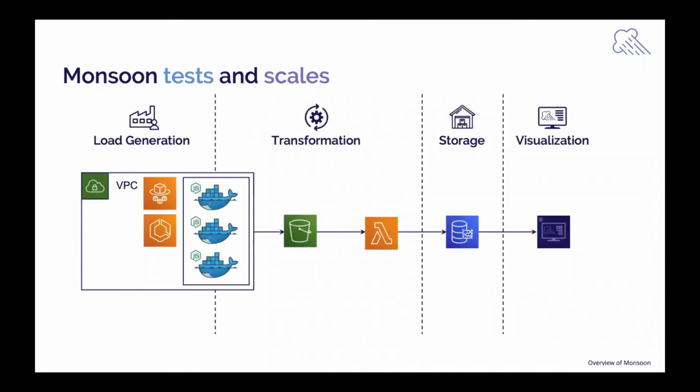Now let's see Monsoon's capabilities mapped onto a high-level architecture diagram. As you can see, we've broken Monsoon down into its 4 key components: load generation, transformation, storage, and visualization. Monsoon uses Amazon Web Services as its cloud provider, and all the Monsoon infrastructure is deployed directly into Boost's AWS account.